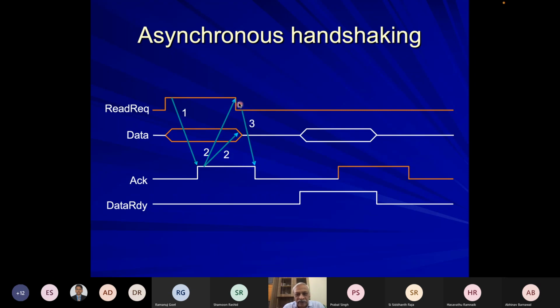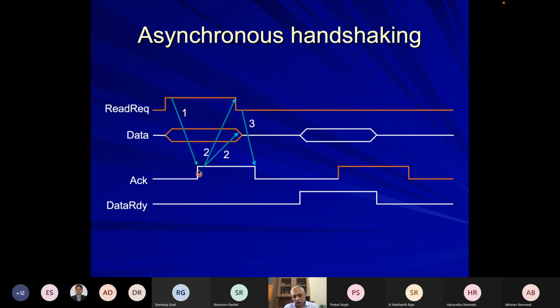So after having seen request going down, the acknowledgement goes down. Okay, so the idea here is that you can't just give a short pulse because you want to give arbitrary amount of time to the other party. So there is no assumption being made about the interval between various events.